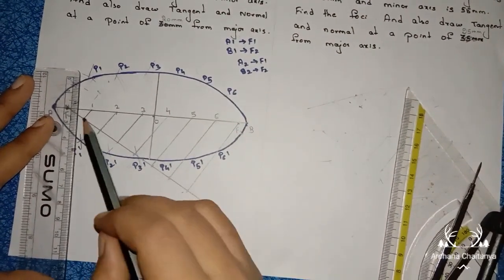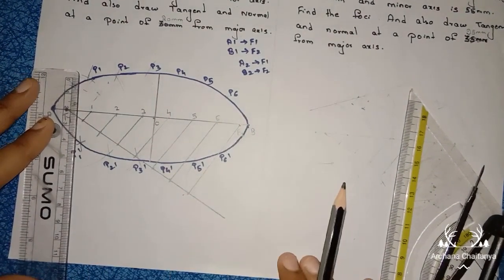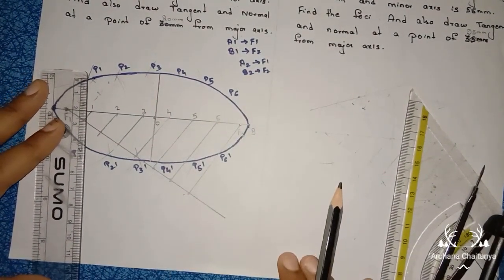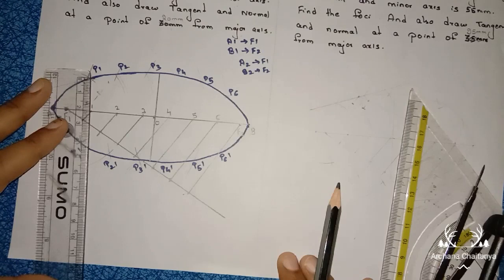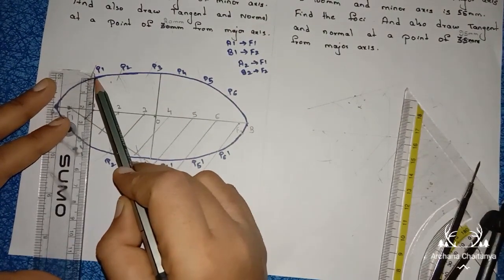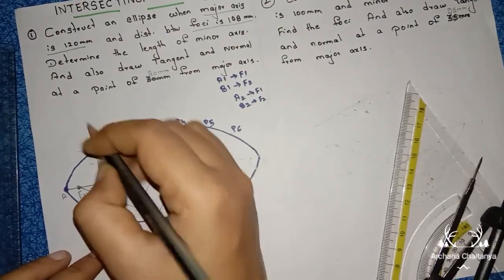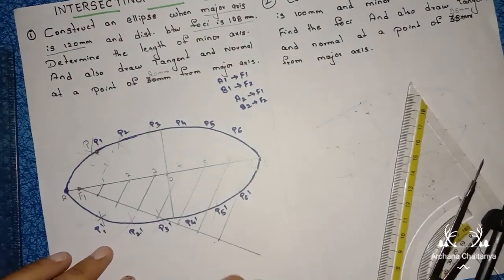Keep 20 mm on this major axis. Move your scale like this and see where 0 touches the ellipse. This is 20, this is 0. Mark that point as P.